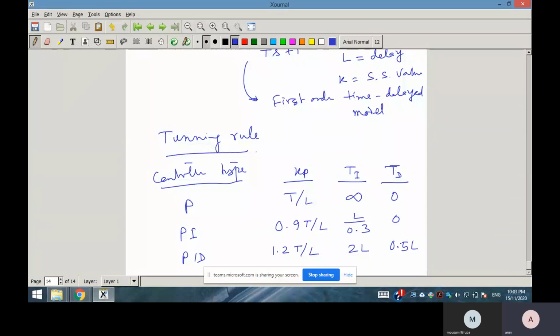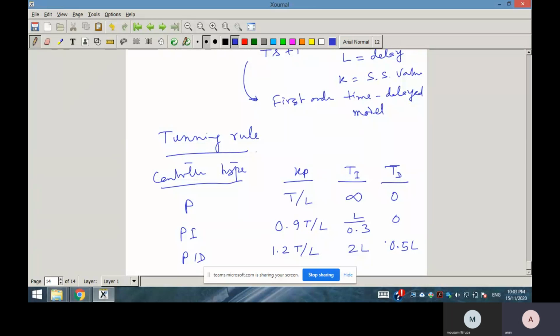There is no proof. This is an ad hoc rule, made based on a lot of experimentation on a variety of processes having S-shaped characteristics. They have reported it in the literature, and these rules work well in industry. At least this is a very good initial value of PID gains.